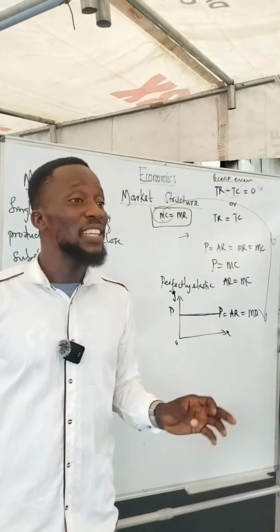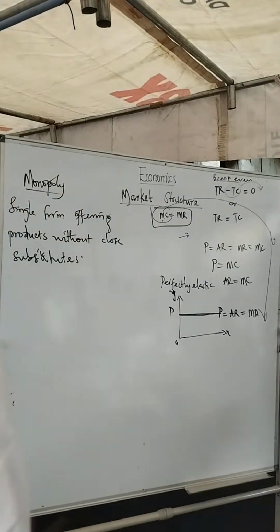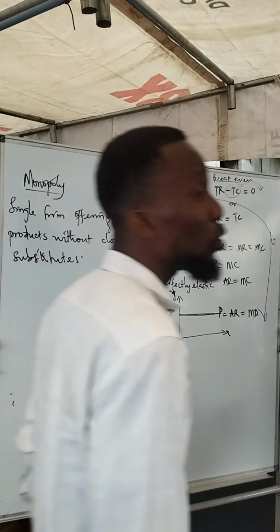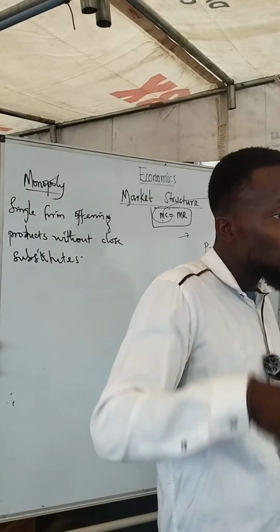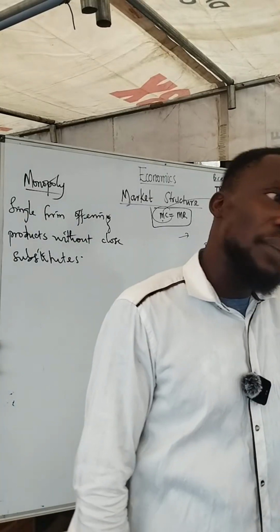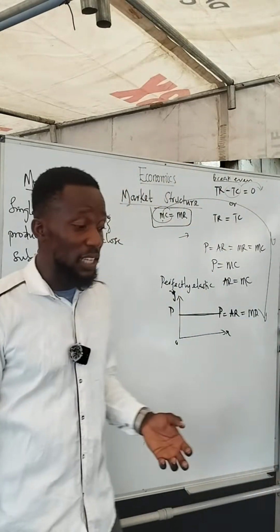This patent right made them the monopolist of noodles in Nigeria for like 15 years. There was no other firm that could produce noodles, because of the patent right. And as at that time, there were no close substitutes. Am I making any sense?